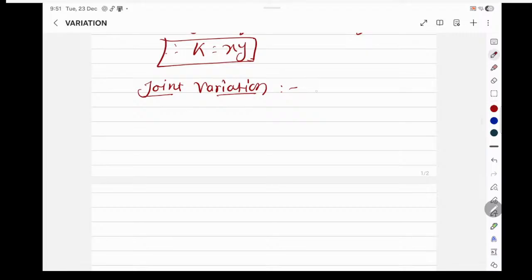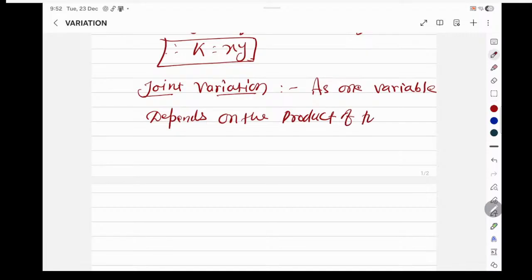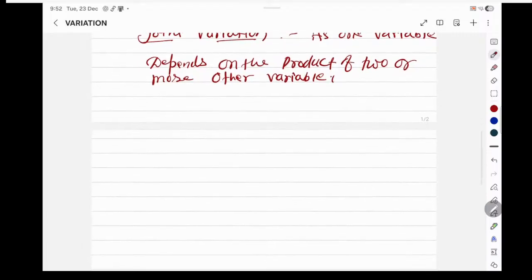Joint variation is where one variable depends on the product of two or more other variables. This is known as joint variation.